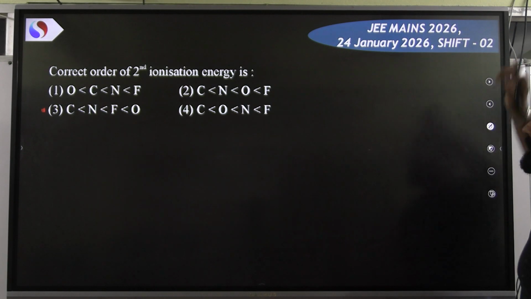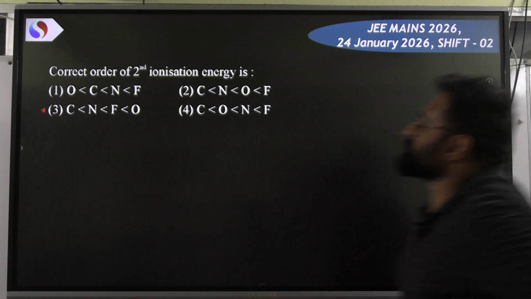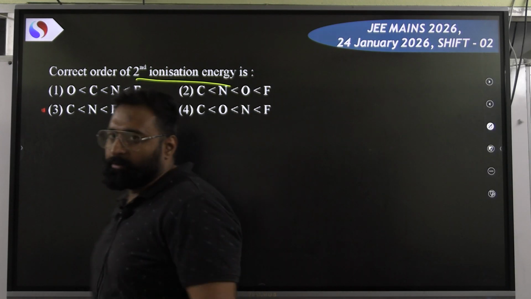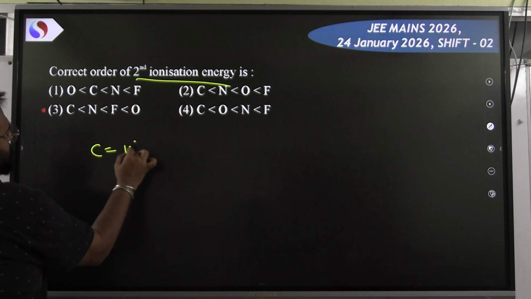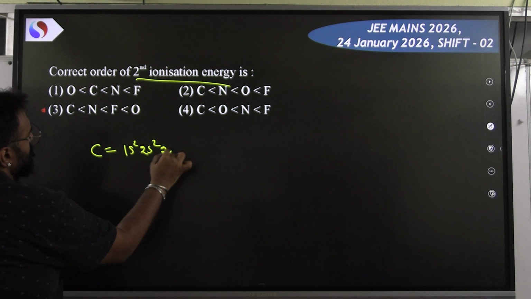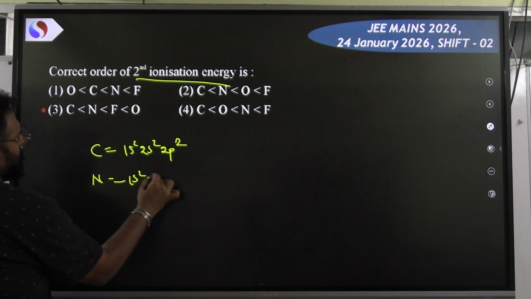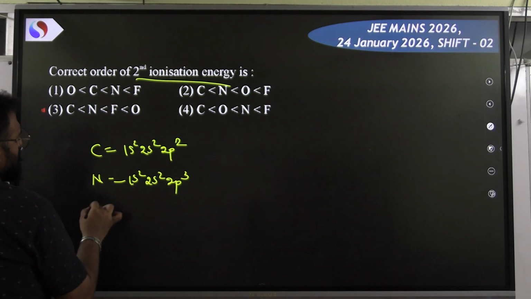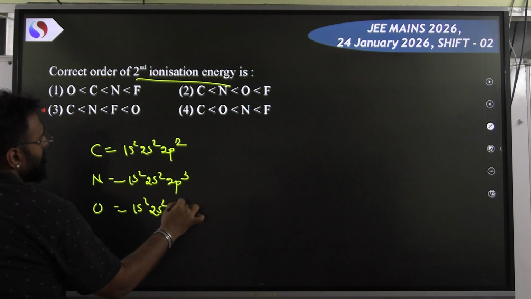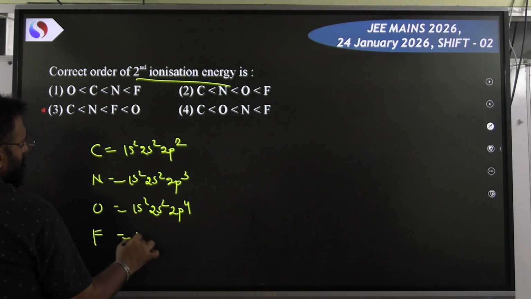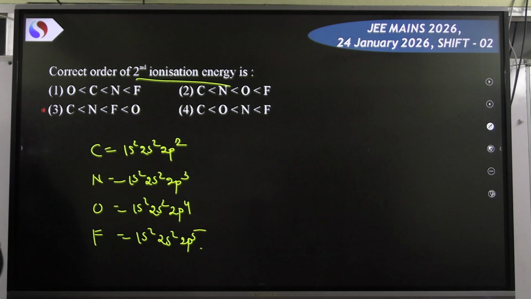Okay, next question. The correct order of second ionization energy, meaning first electron is already removed. Let us take it. Carbon 1s2, 2s2, 2p2. Nitrogen 1s2, 2s2, 2p3. Oxygen 1s2, 2s2, 2p4. And fluorine 1s2, 2s2, 2p5.